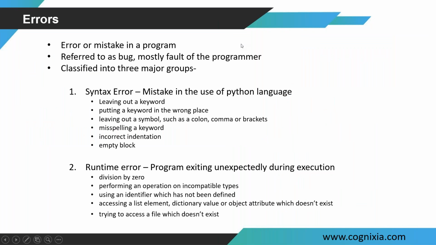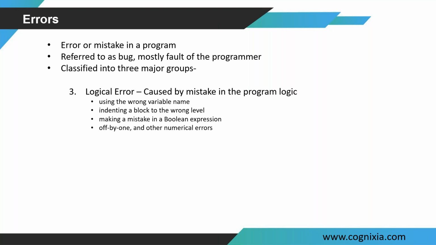Just a second. Okay, so referred to as a bug, mostly the fault of the programmer, classified into three major groups. So when we talk about errors, these are the bugs that are actually the mistake of a programmer. They are classified into three major groups. Right? I'll share these pages. We define it into three types: syntax error, runtime error, and logical error.